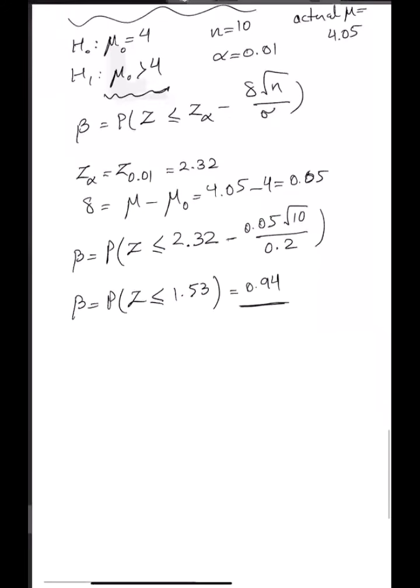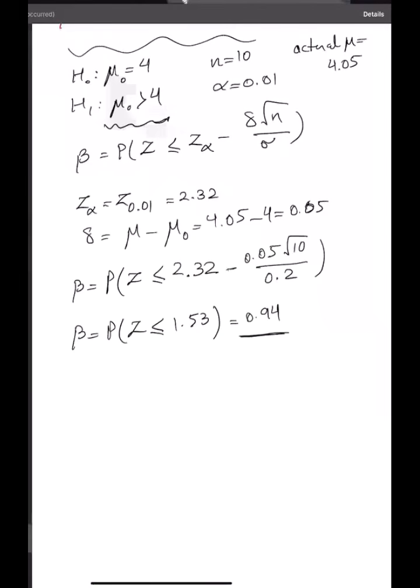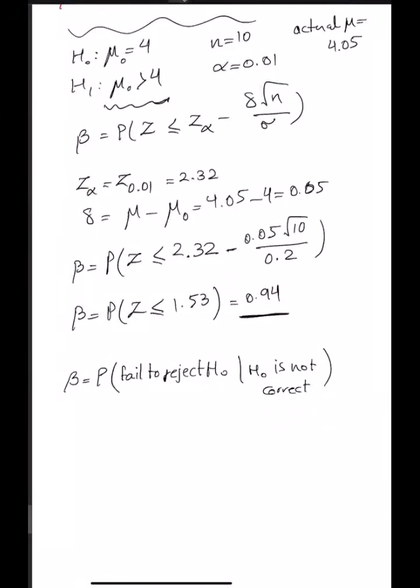And you may say, okay, this is a large number for a type 2 error. And remember that in type 2 error, we want to calculate the probability of failing to reject the null hypothesis, given that the null hypothesis is not correct, right? So here, the actual average is 4.05, and we want to see if the average equals 4 or not.